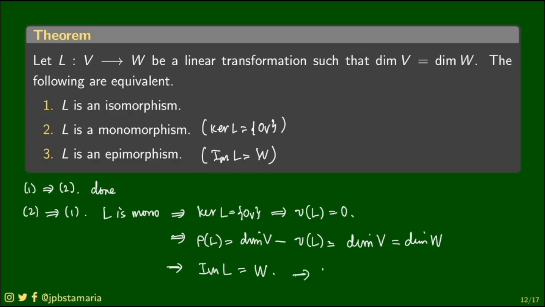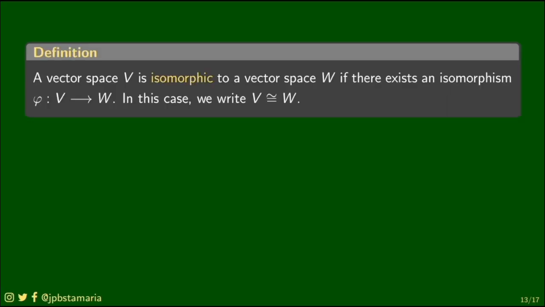Therefore, that proves that L is epi as well. Therefore, because L is both mono and epi, it's an iso. The same thing works for the equivalence of 1 and 3. So I would like you to do that as an exercise.